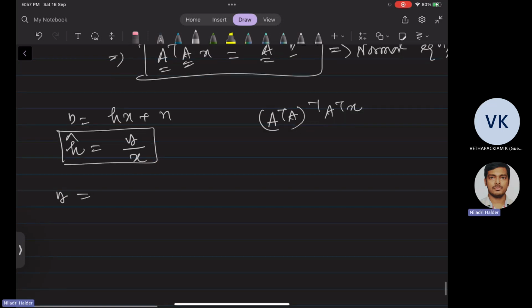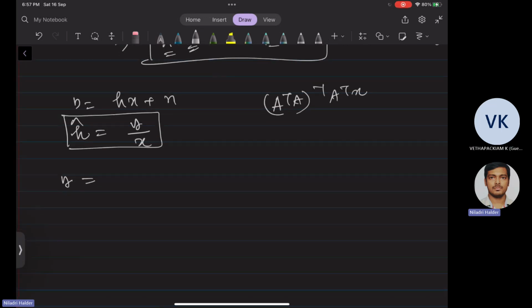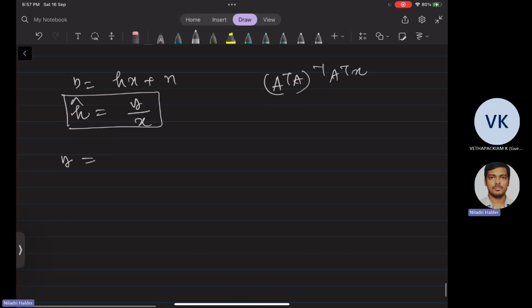Did you understand? So just divide by x. I can take one example of division by x, y by x. Y is one vector, X is also one vector. So this is the scalar case.